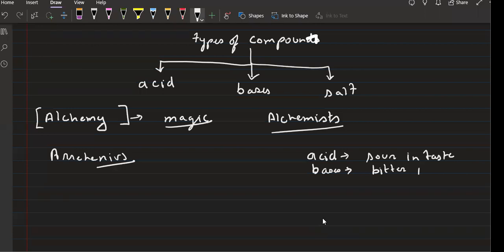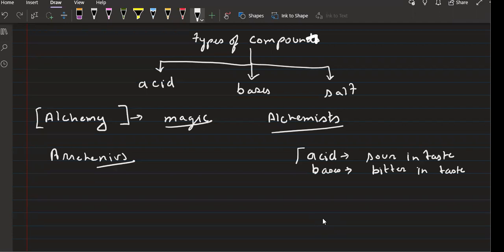Frankly, it is not possible to taste all the acids because some acids are very strong. They can burn you, and some bases are also harmful.